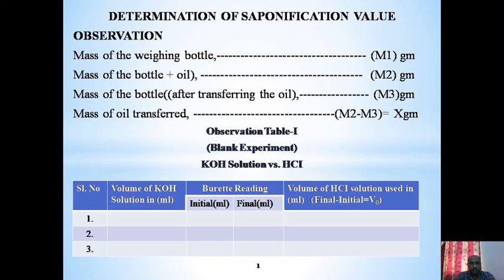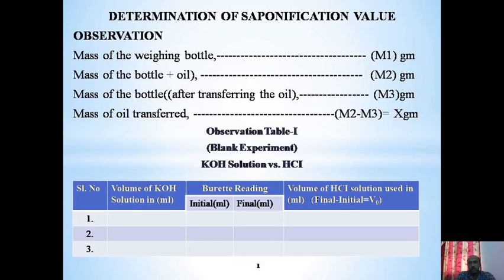In the second column, we have to write the volume of KOH solution in ml. How much ml of KOH we have taken in the conical flask should be written in the table. Then, during the titration, the initial value will maybe be 0, so write the initial value in ml. After titration, when we get the end point, whatever value comes in the burette reading should be written as the final reading.